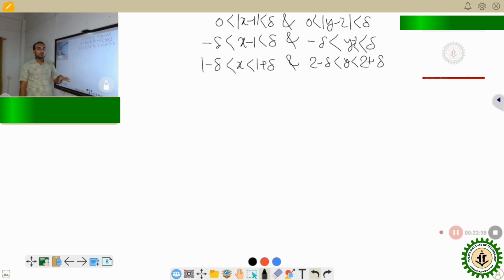Now we are going to calculate the simultaneous limit of the function x square plus 2y. So the infimum value of x is 1 minus delta and the infimum value of y is 2 minus delta. So we first try the infimum value.